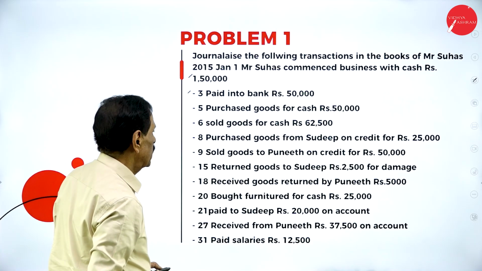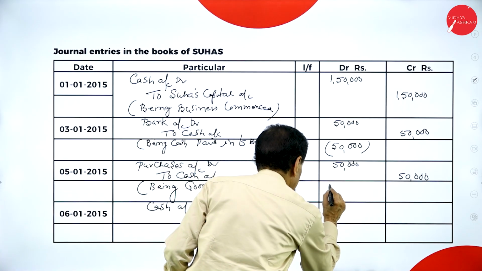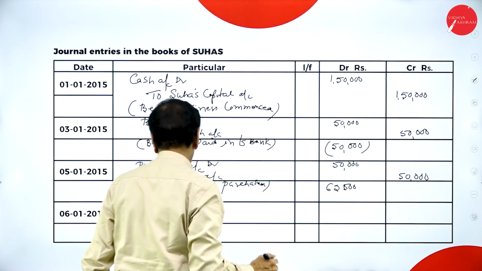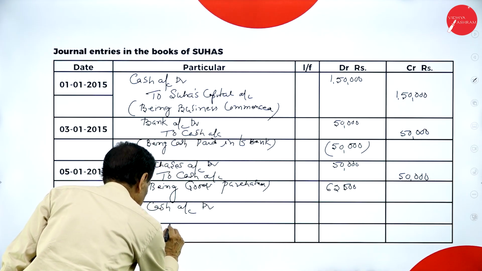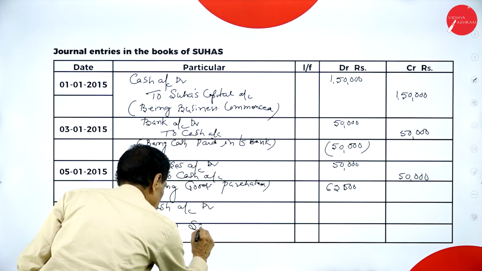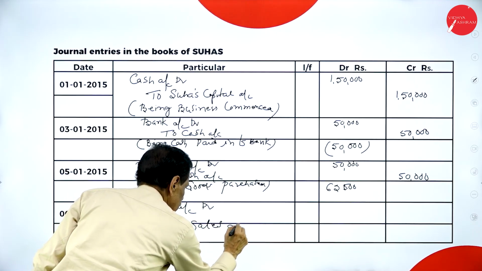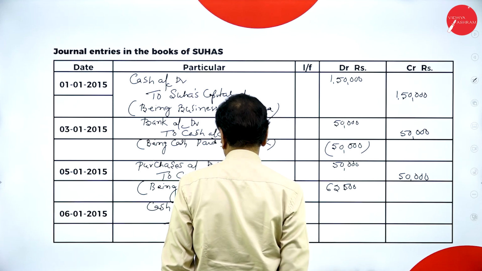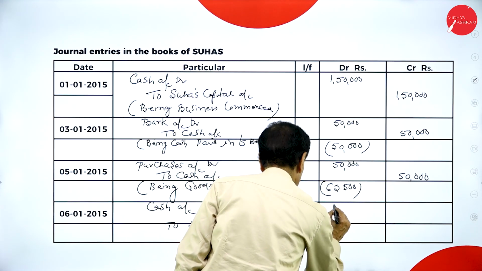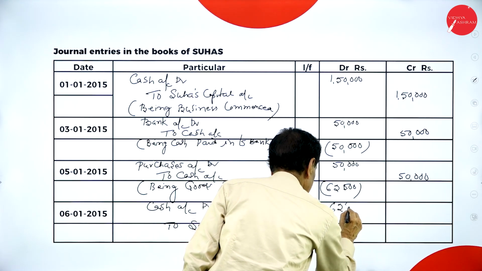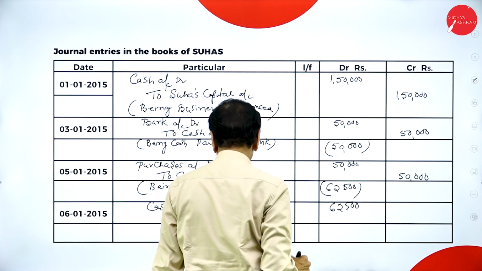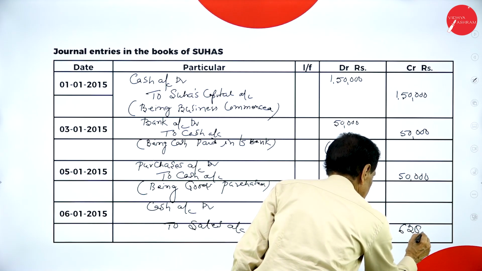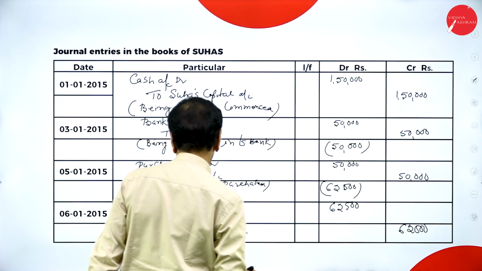Cash account debtor, 62,500, to sales account, 62,500.